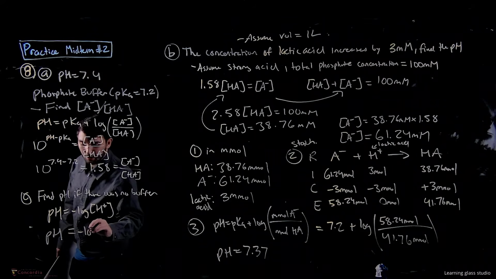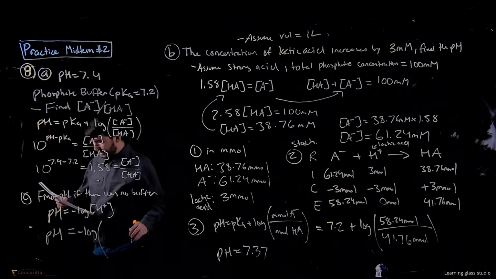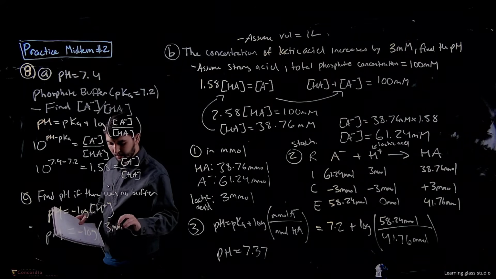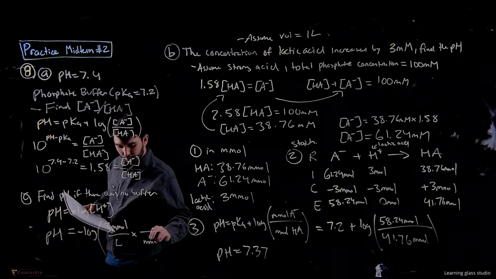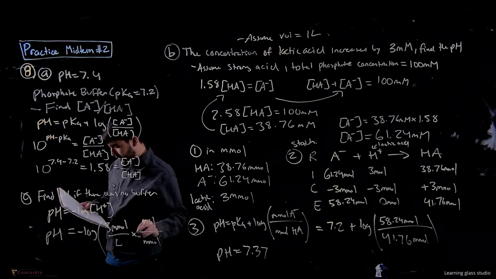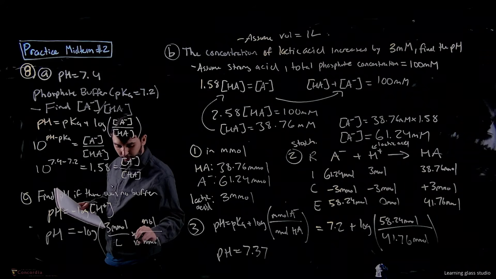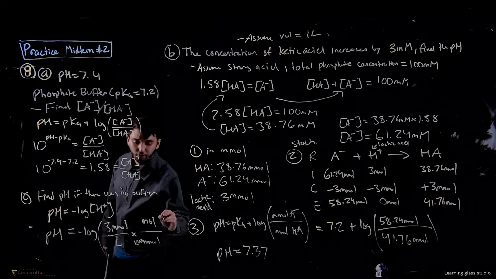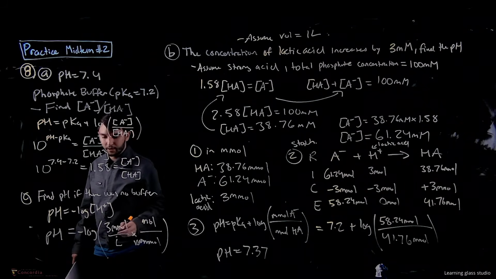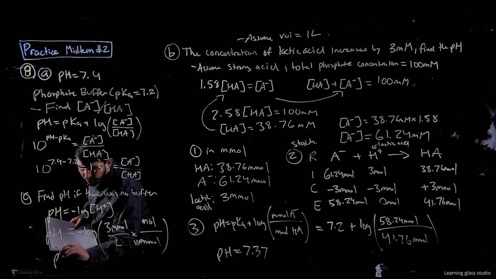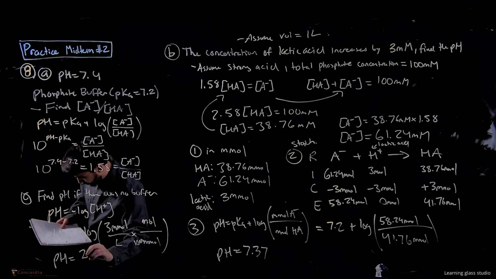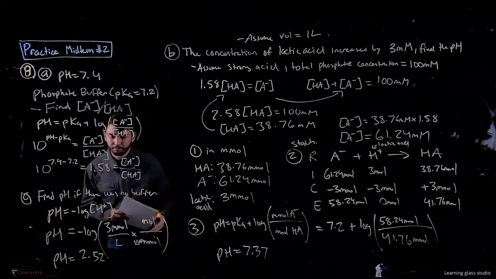So negative log, to get to molarity, we do 3 millimole per liter, and then in a mole, there is 1,000 millimole. So we are essentially just dividing 3 by 1,000. And when you do this, you get pH is equal to 2.52.